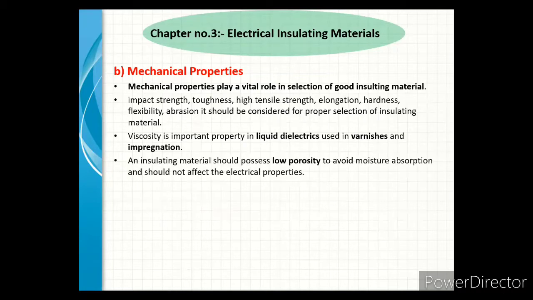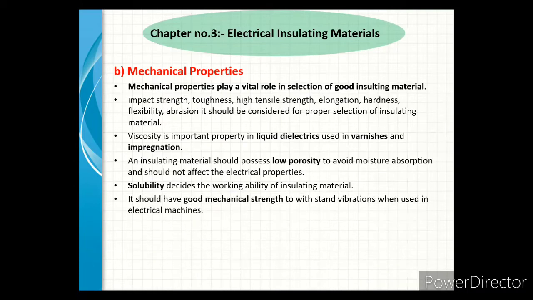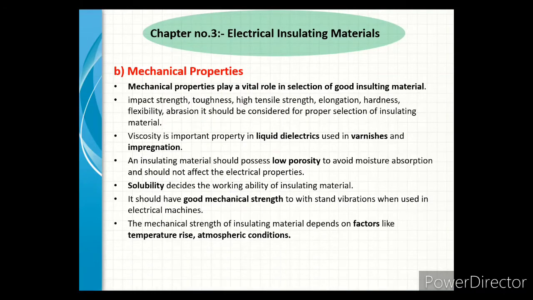An insulating material should possess low porosity to avoid moisture absorption, which should not affect the electric property. Solubility decides the working ability of insulating material. It should have good mechanical strength to withstand vibration when used in an electrical machine. Mechanical strength of insulating material depends upon factors like temperature rise and atmospheric condition.